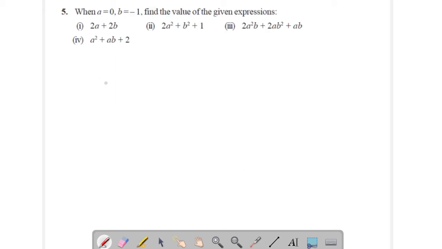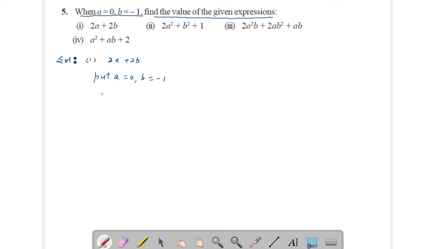Now come to question number 5. When a equal to 0, b equal to minus 1, find the value of given expressions. See the solution. First part, 2a plus 2b. Here put a equal to 0, b equal to minus 1.